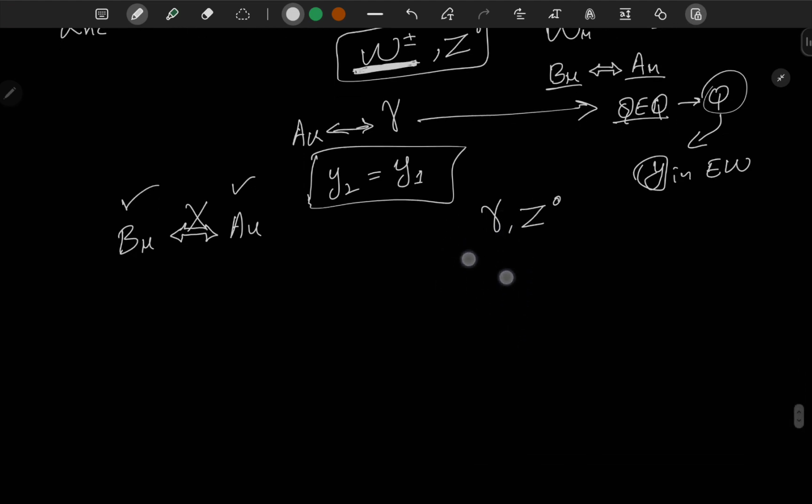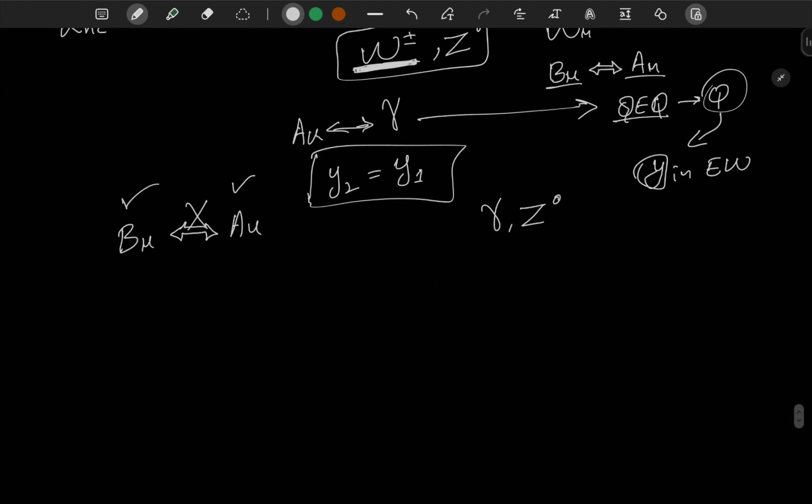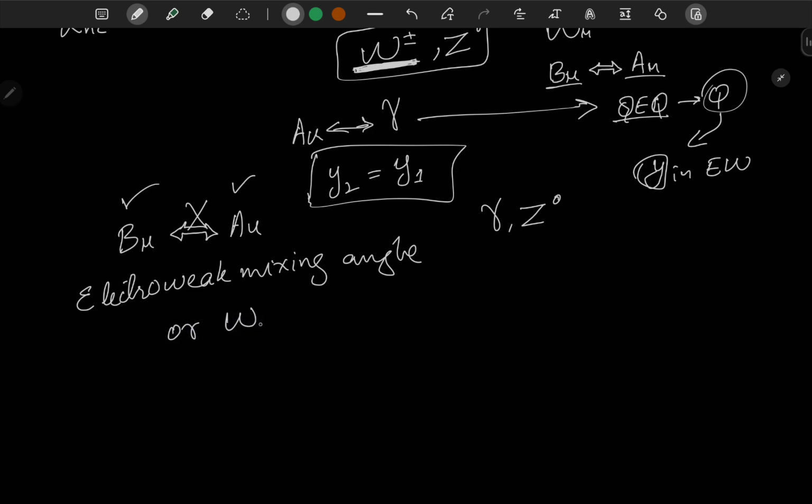So the solution to this problem is what we call electroweak mixing angle, or the Weinberg angle.